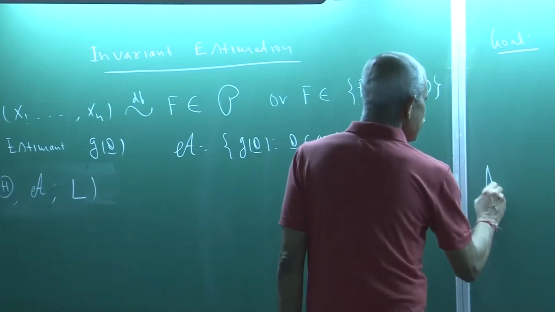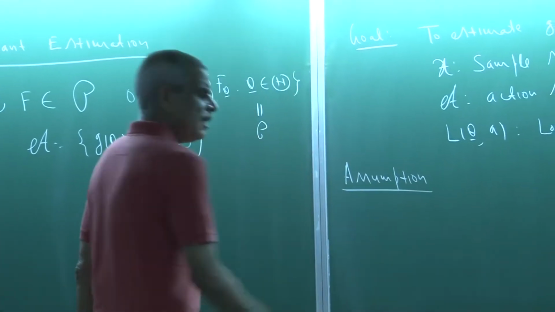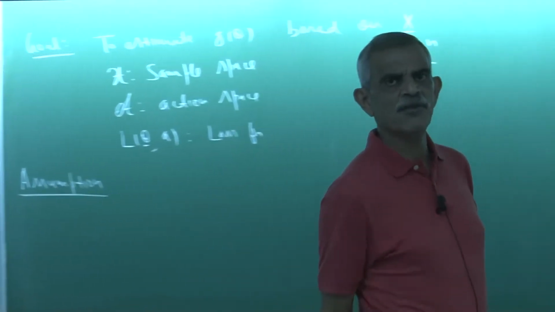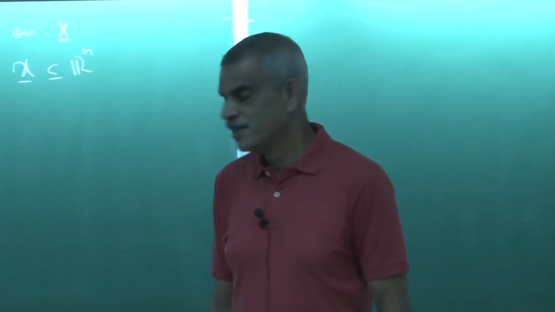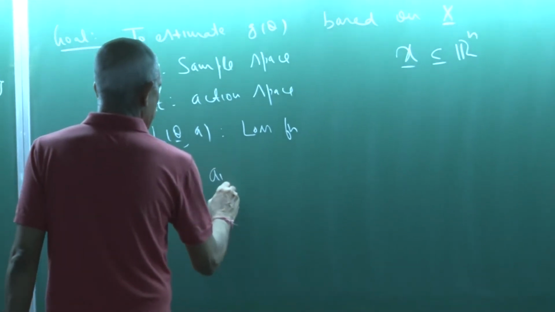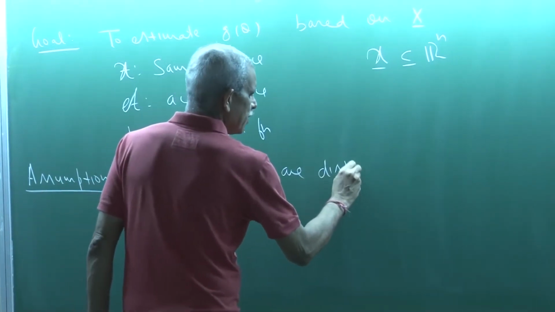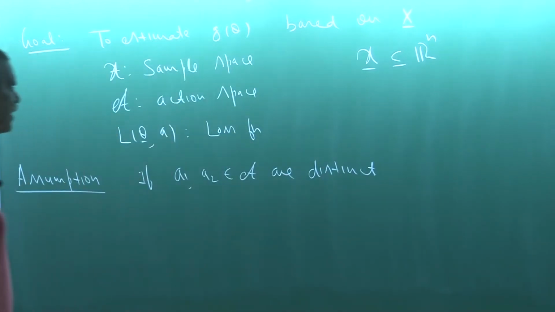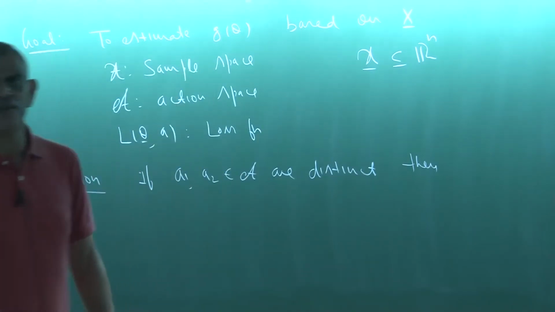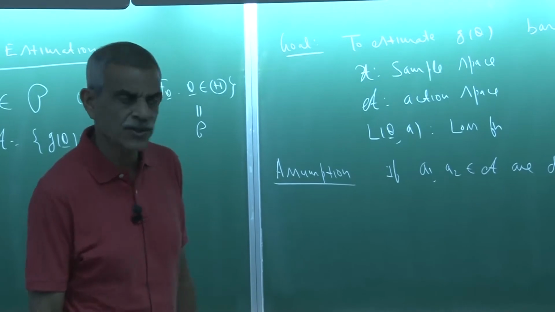Now, one basic assumption which we made is, if you have two actions which are different, then they cannot have the same loss function for every theta. So, if A1, A2 belonging to A are distinct, that means you are talking about two distinct actions, then at least at some parametric point, the loss in taking action A1 and the loss in taking action A2 should be different.